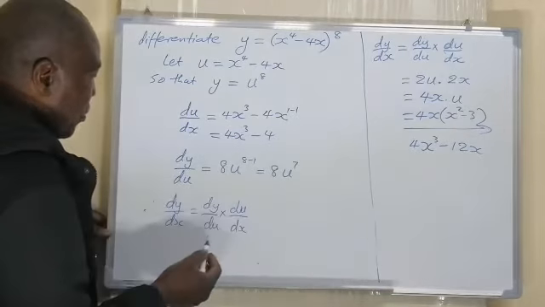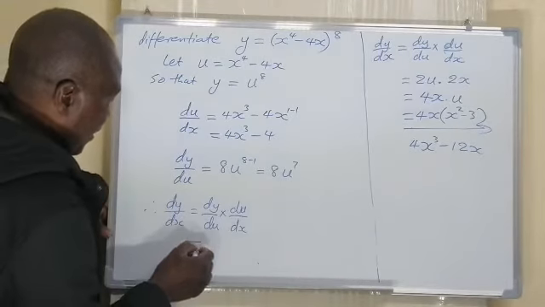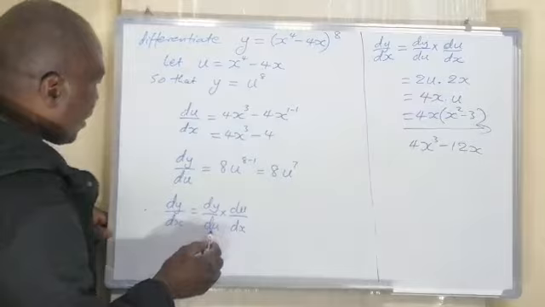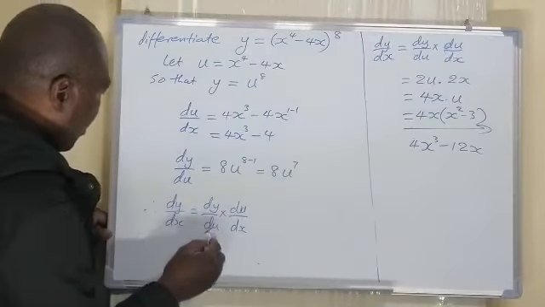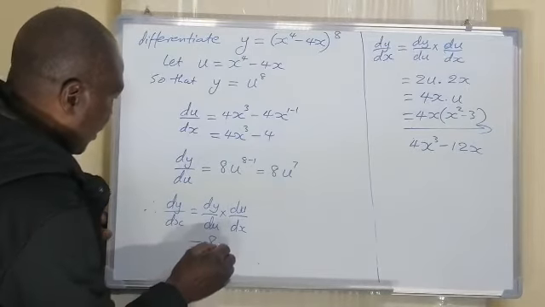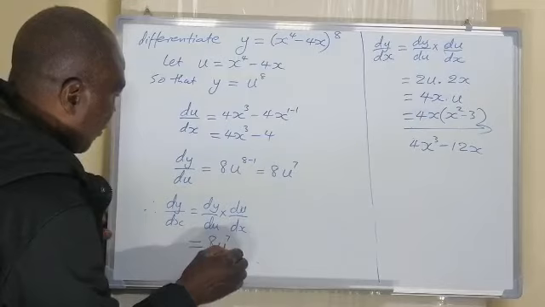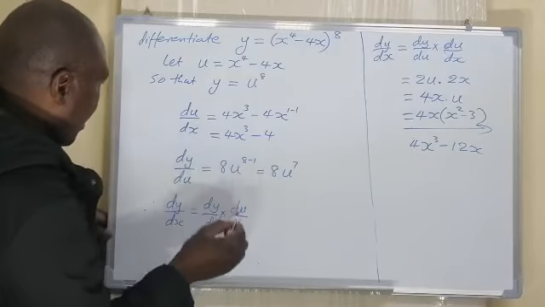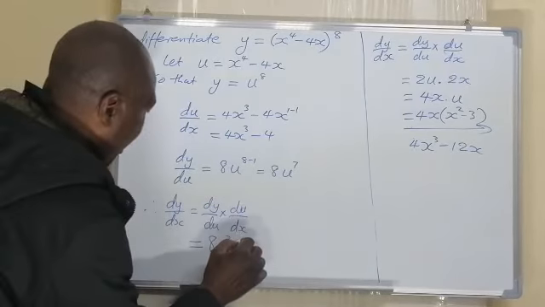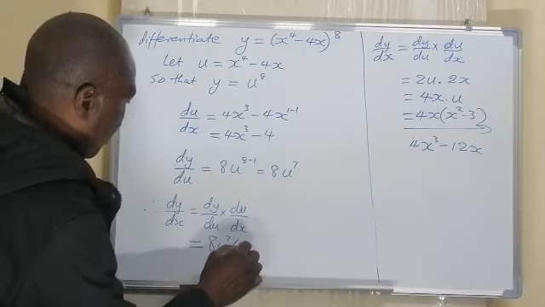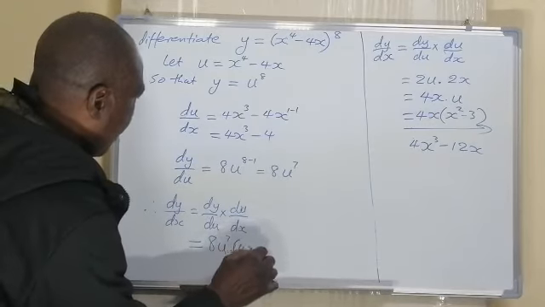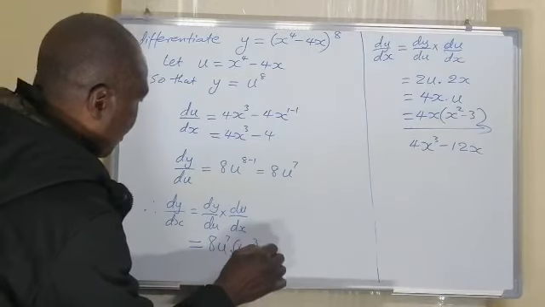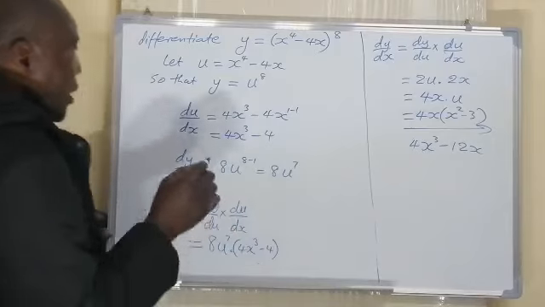Then we multiply the two. This will give us dy over du, which is 8u to the power 7, multiplied by, it's better to open the bracket, and then we put 4x to the third minus 4.